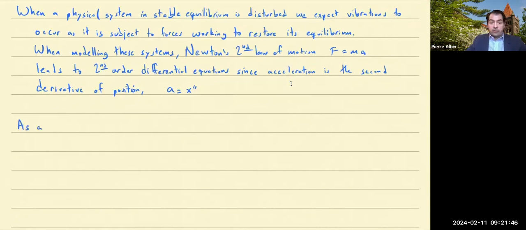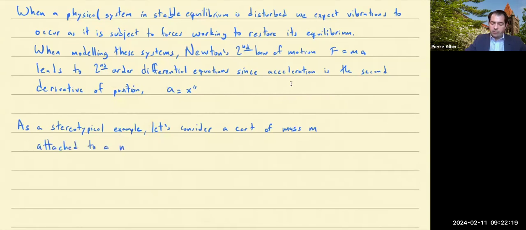As a stereotypical example, let's consider a cart of mass m attached to a nearby wall by means of a spring.